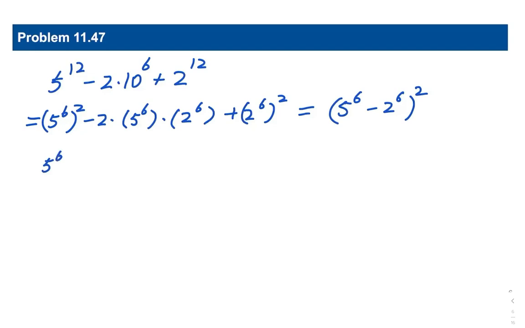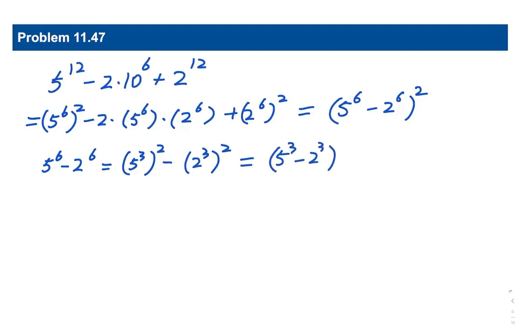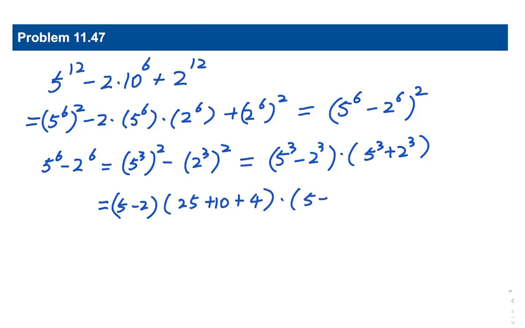The 5 to the 6 minus 2 to the 6 is 5 cubed squared minus 2 cubed squared, which is 5 cubed minus 2 cubed times 5 cubed plus 2 cubed, which is 5 minus 2 times 25 plus 10 plus 4 times 5 plus 2 times 25 minus 10 plus 4.